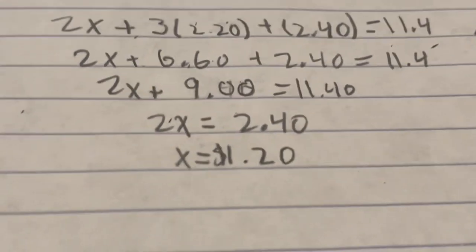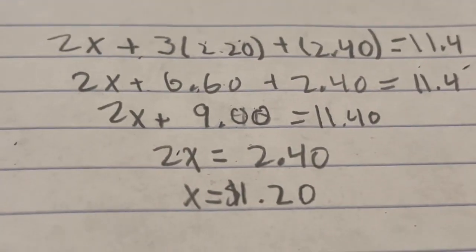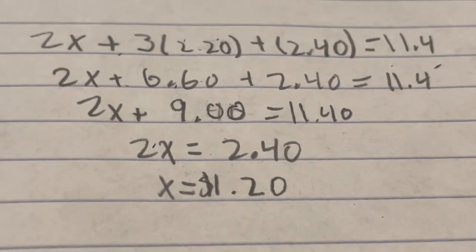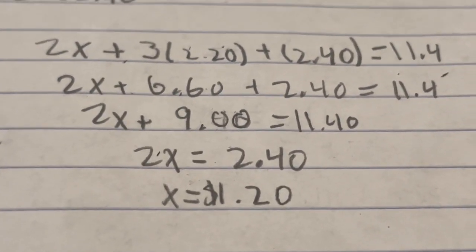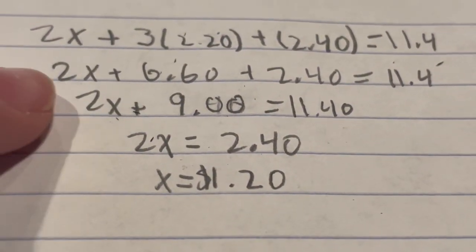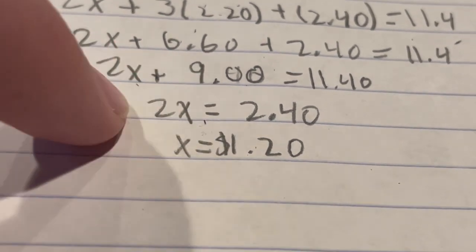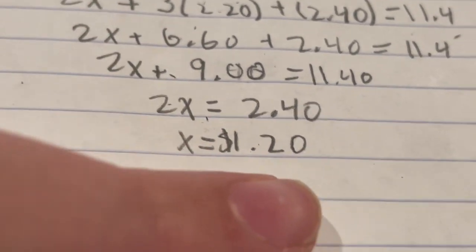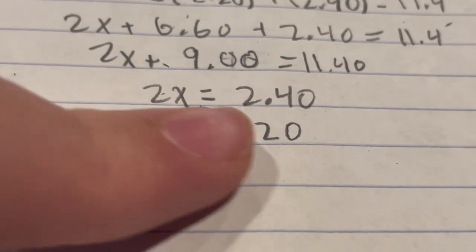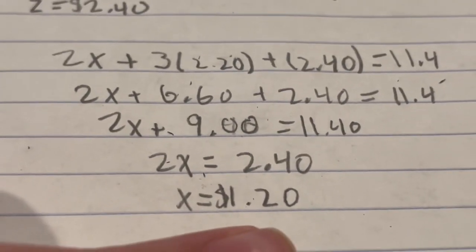Now that we know what y and z are, we can solve for x with one of our first 3 equations. So we can plug in our variables for y and z. We can multiply out, and we can combine our like terms, and then move the constants to the other side to get 2x equal to 12.40 and x equal to 1.20.